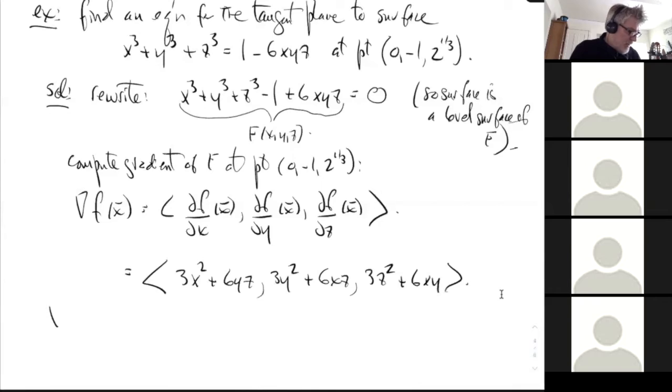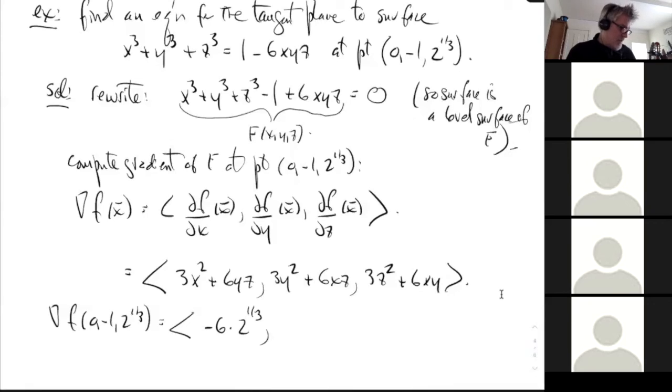And if I evaluate it at the point (0, -1, 2 to the power 1/3), here's what I get. Minus 6 times 2 to the 1/3, 3, and 3 times 2 to the 2/3.